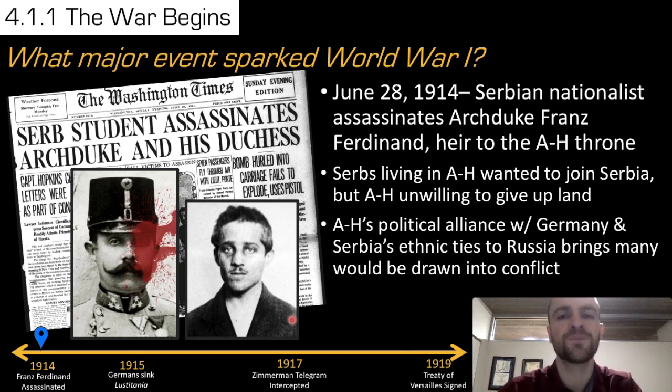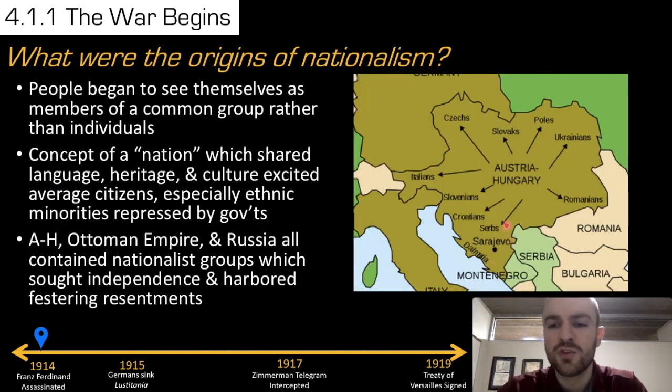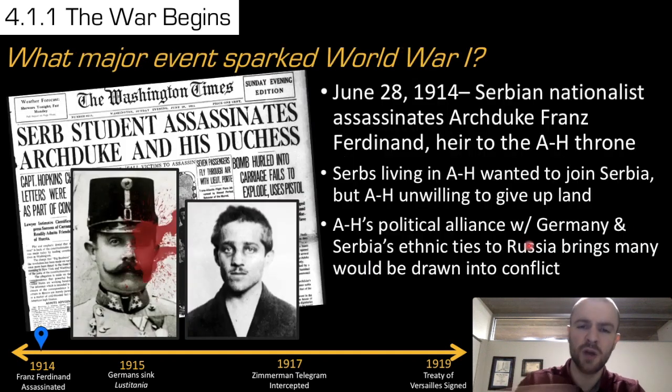What he wanted was for the Serbs living in Austria-Hungary to be part of Serbia. So he wanted the country or the empire of Austria-Hungary to give up this land that ethnic Serbs lived in, and then turn this land over to Serbia so that Serbs can be part of the Serbian country that already existed. Well, Gavrilo Princip ends up taking actions into his own hands and kills the Archduke of Austria-Hungary.